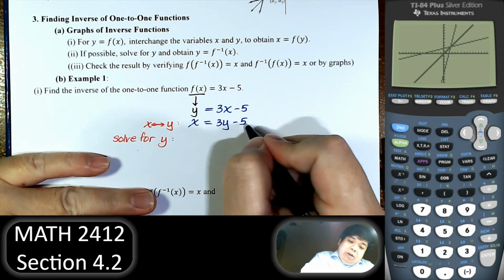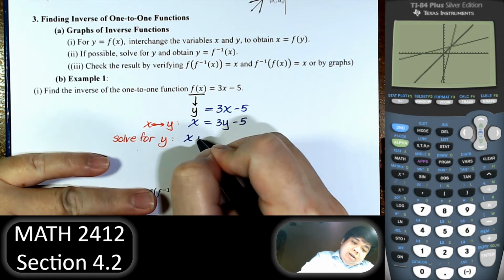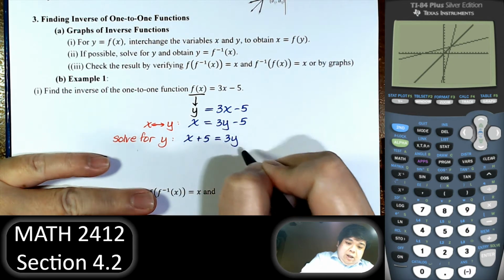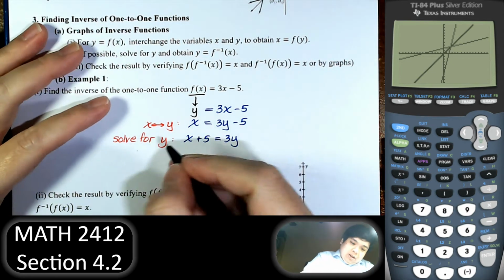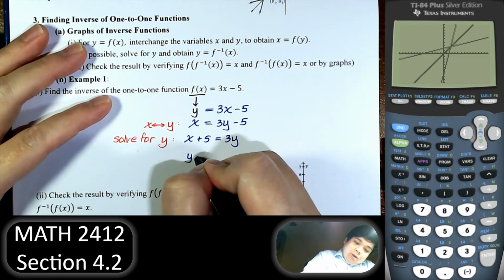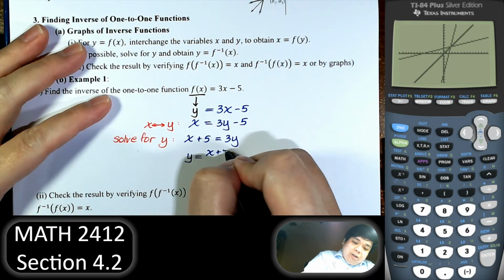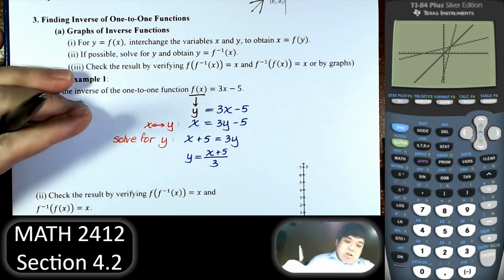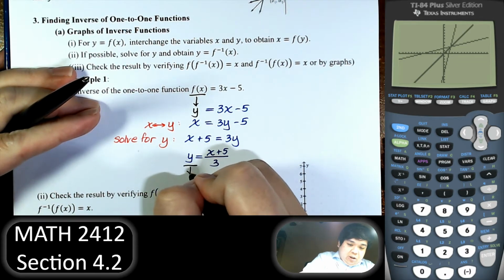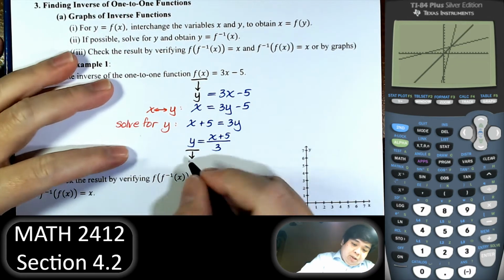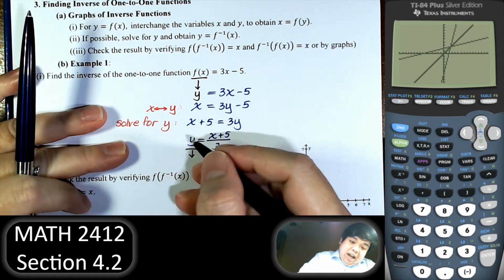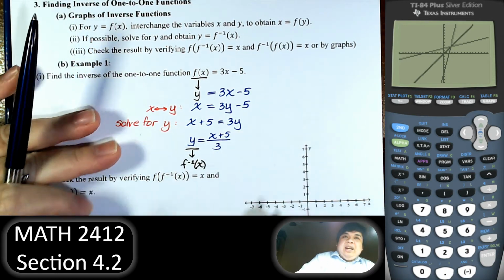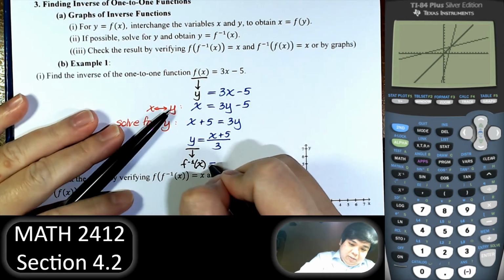To solve for y, first I move the 5 over. That becomes a plus. And then divide by 3. So we have y equal to x plus 5 divided by 3. And now we just replace with the notation. y will be replaced by f inverse. Just to get the proper notation.